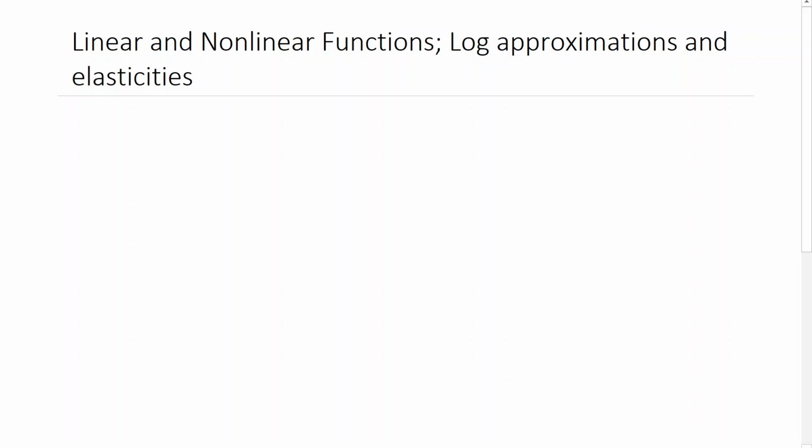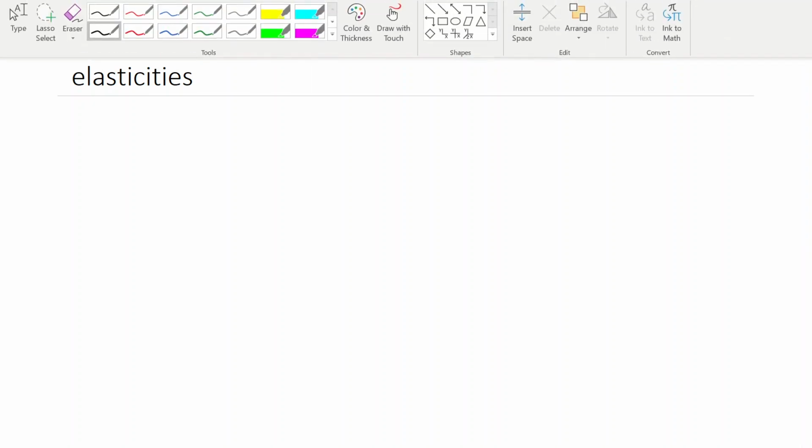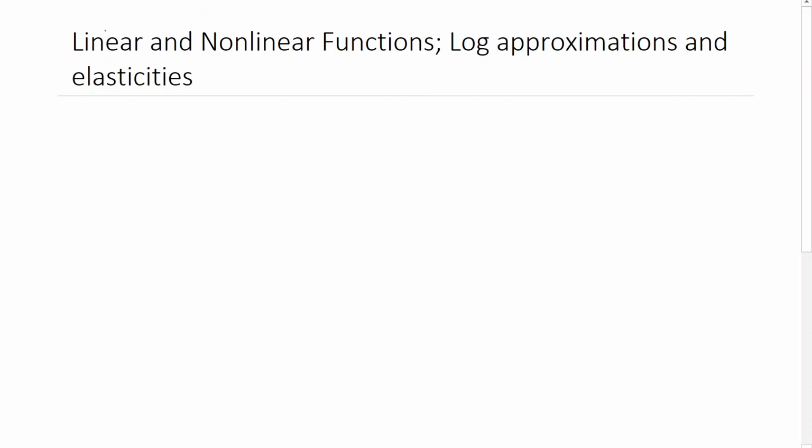In the last couple videos we were looking at summation notation and applying summation notation to calculating means and standard deviations. In this video I just want to talk about a few important functions that we use in econometrics. We're going to start with linear functions, and then we're going to go to nonlinear, and there we're going to talk about quadratic functions and log.